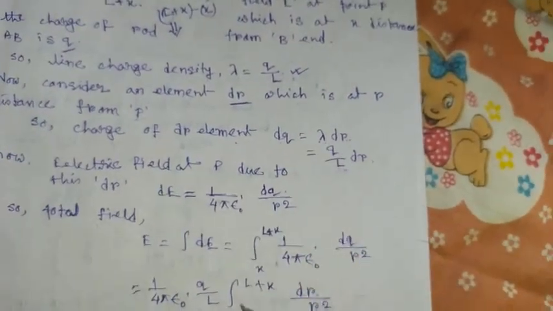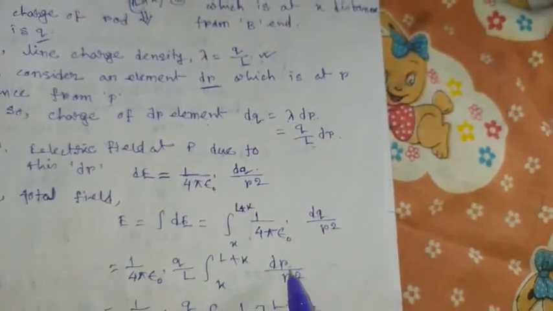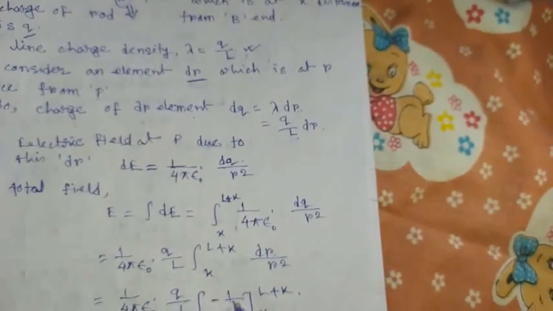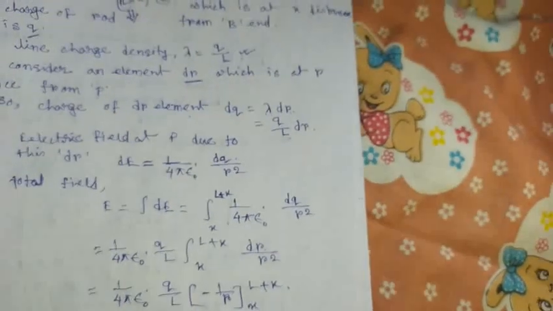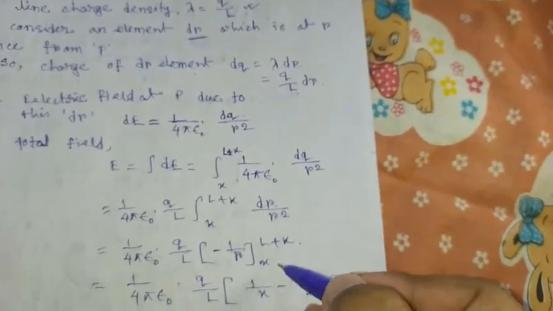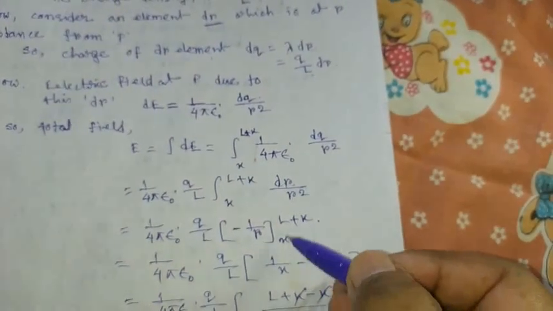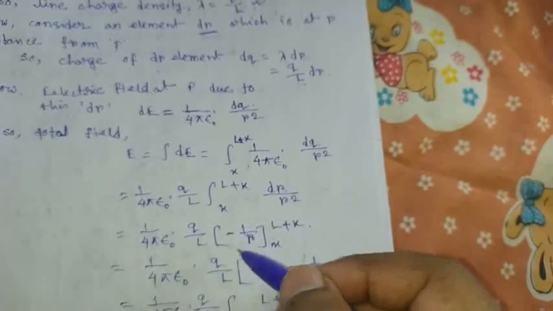And we also put here the value of lambda, that is q by L, and the integration of 1 by r square, you know, is minus 1 by r, with the limit x to L plus x. If you know the integration process, then reversing this limit absorbs this minus sign.